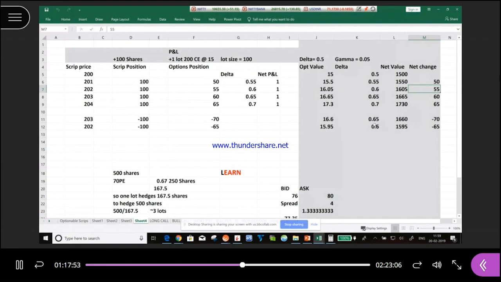The dynamic leverage effect. So if you see, initially only 50 shares are participating out of the 100, then 55 are participating out of the 100, then 60 are participating out of the 100. So as the stock moves in your favor, is your participation increasing?